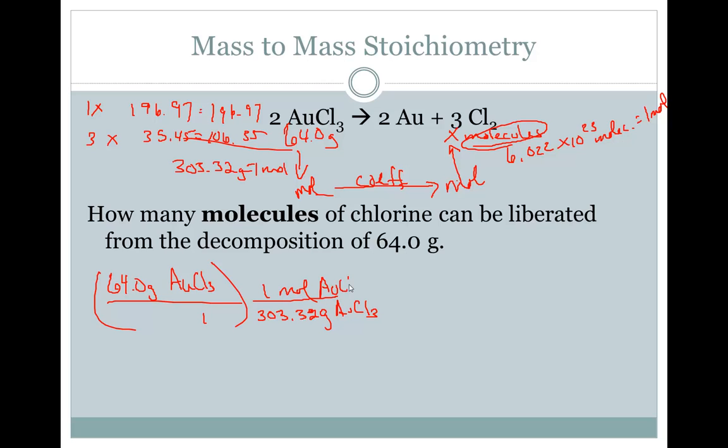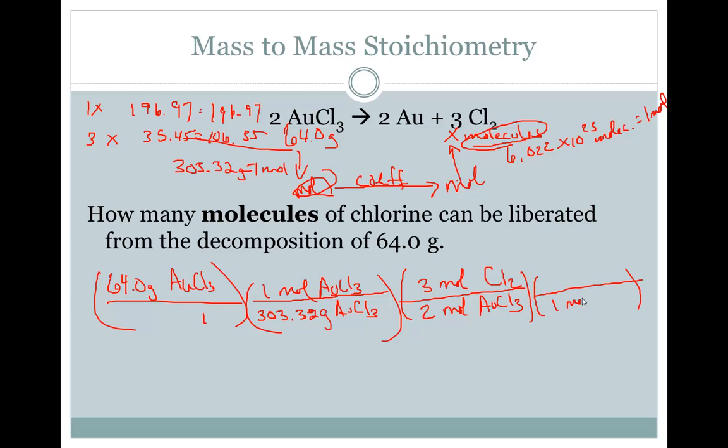We are right here in our plan. We need to go from moles of one to moles of another. So 2 moles AuCl3 yields 3 moles Cl2. Then 1 mole Cl2, we're looking for molecules this time. 6.022 times 10 to the 23rd molecules.